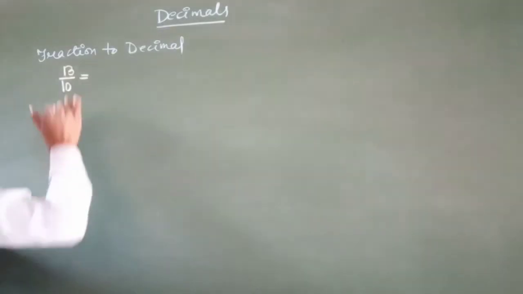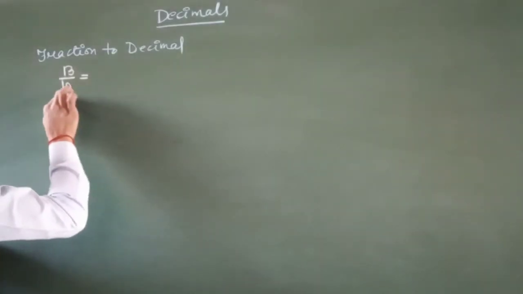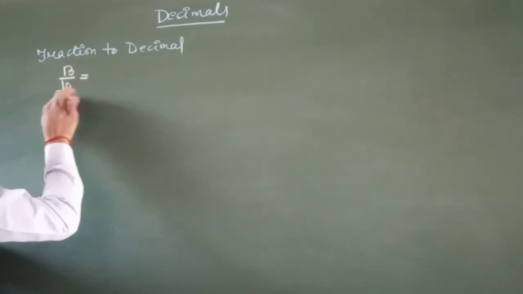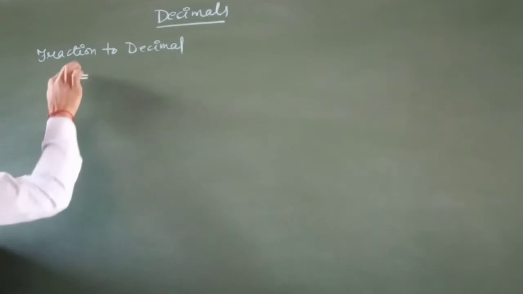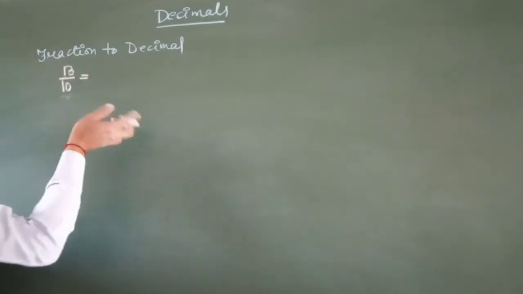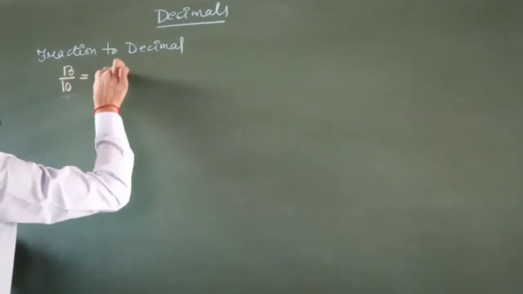Let's suppose there is a decimal before 3. Firstly we have to count the number of zeros, and there is 1 zero. So we have to put the decimal after 1 digit, and that will be 1.3.